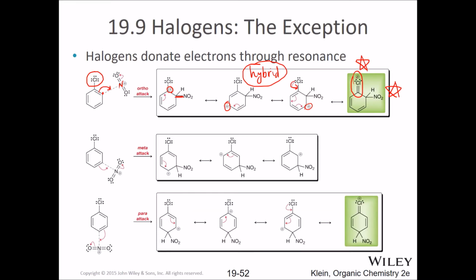Then the positive charge is shared with the chlorine. Over here, you can't get that. There's no way I can put these electrons into the system, because it already has 4 bonds. That's not going to happen. So it's not going to go meta. It's not going to be stabilized via meta, but it will be stabilized via ortho and para.